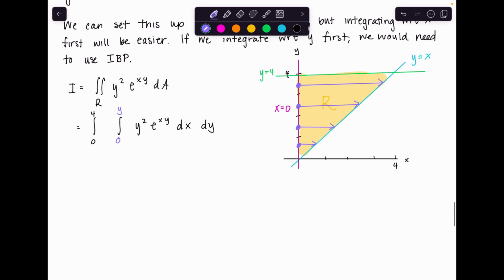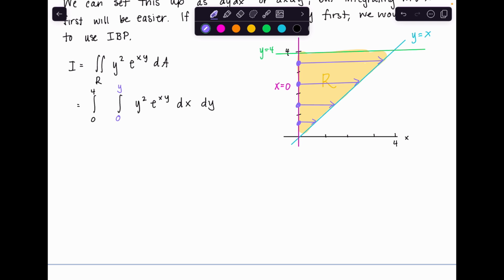Okay. And now I just go ahead and integrate. Just to make life easier, y squared is a constant with respect to x, so it pops out. You're really just looking for the integral of e to the xy. And u-subs are a little bit hard here because you have the variables.